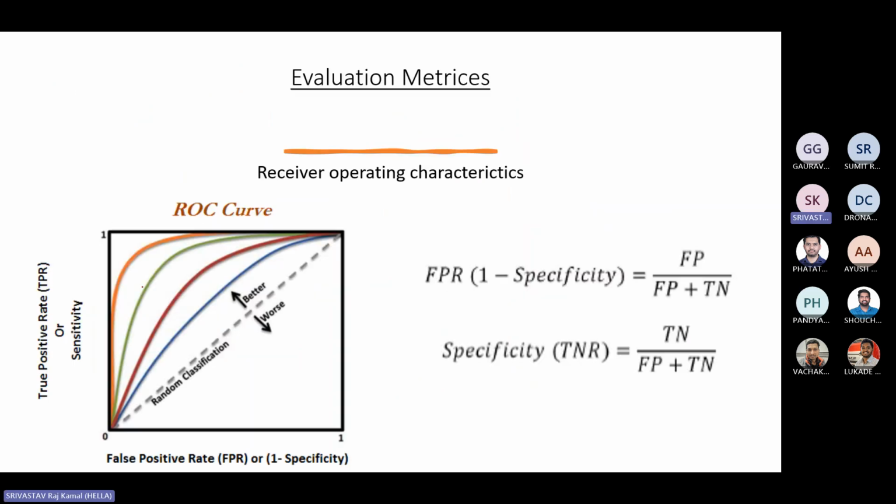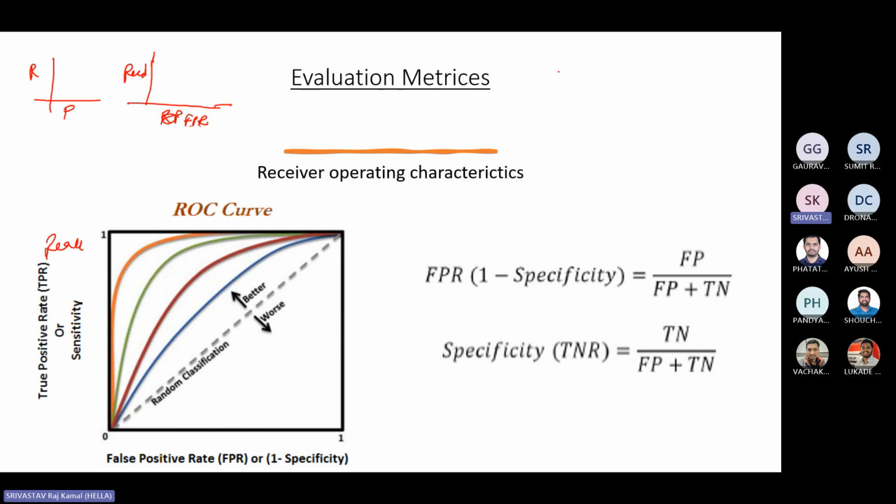This is the PR graph, but the ROC graph is a little different from that. Here it is FPR against recall. The curve we discussed earlier is precision recall. This is slightly different. FPR is false positive rate.